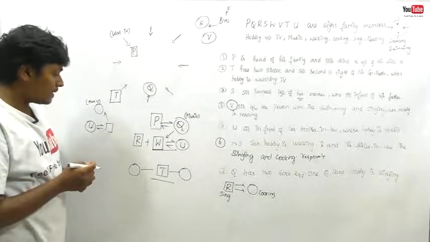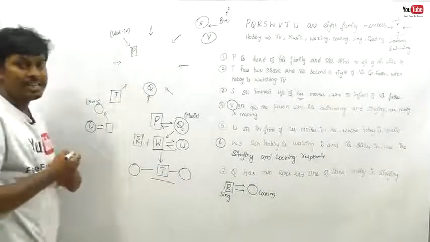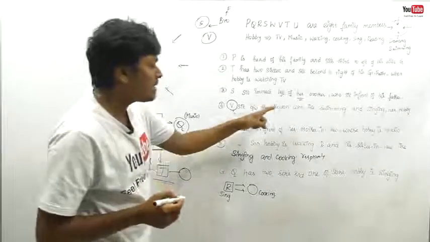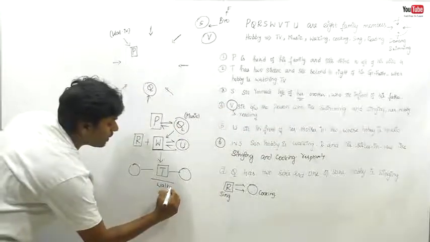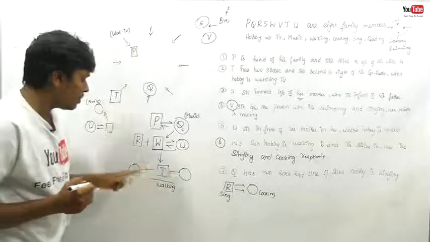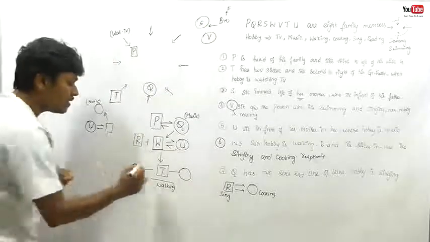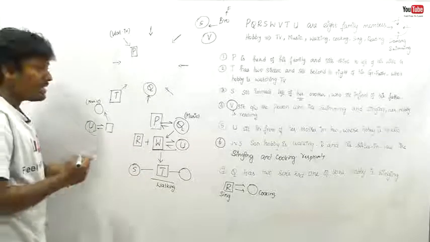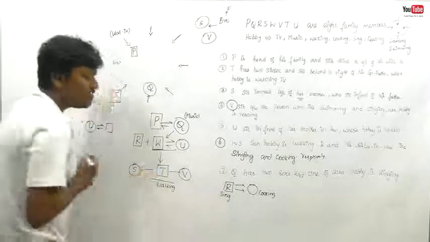So friends, W has a son, so I can clearly say that W's son should definitely be T. And we know that they have said T likes walking, right? W's son likes walking. And there are only 2 remaining. We already know that S is a female person and has a brother, so definitely S should come here. And another thing, we know that V is also a female person, so only one possible place, V should come here.